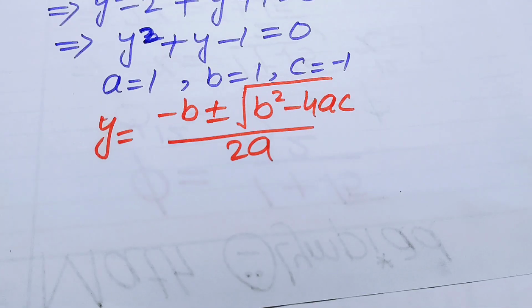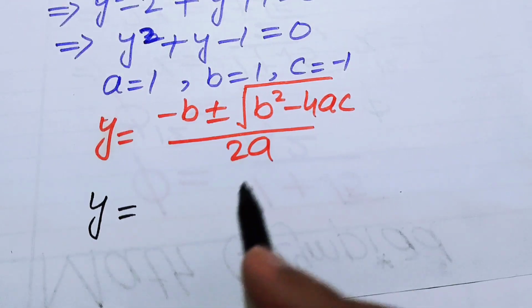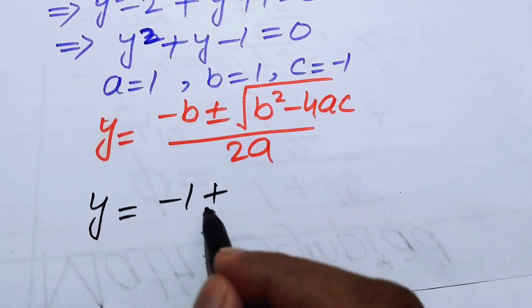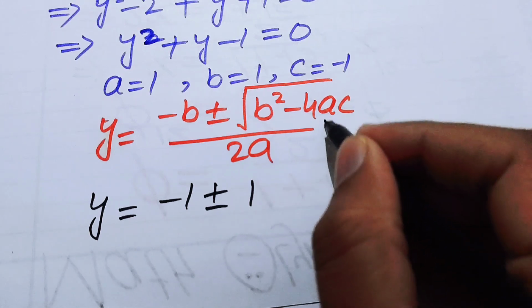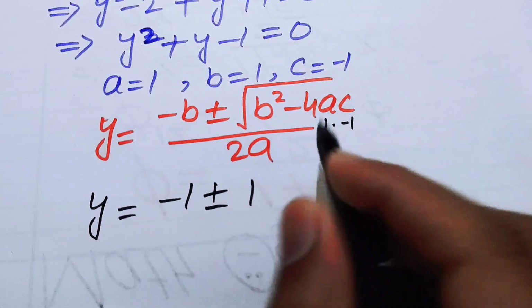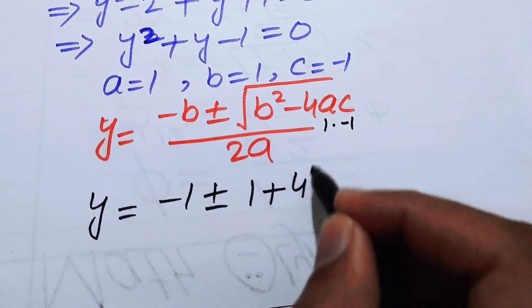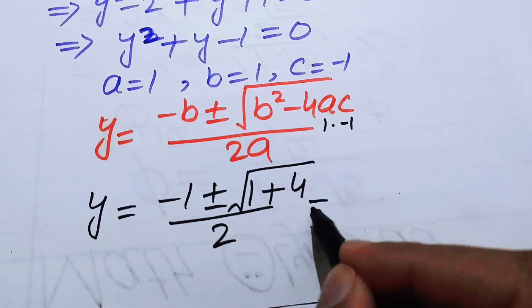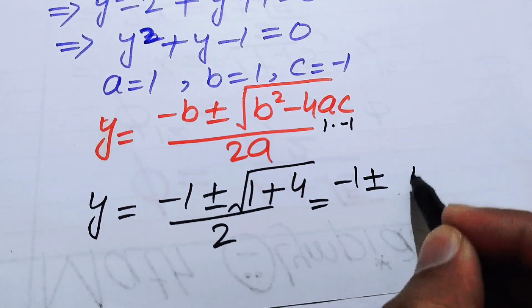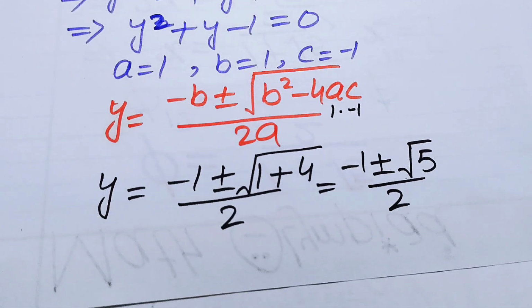Now we put all the values of a, b and c in this formula, and you will get y equals minus 1 plus or minus the square root of 1 squared, which is 1, minus 4ac. a is 1 and c is minus 1, so minus times minus is plus, and 4 times 1 is 4, over 2. So it is equals to minus 1 plus or minus square root of 5 over 2. So this is the value of y.